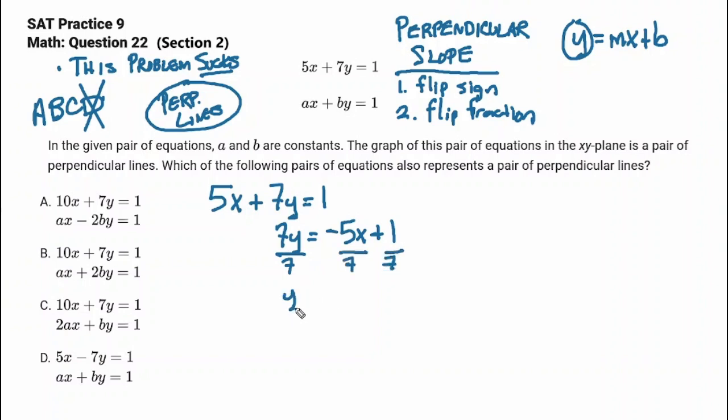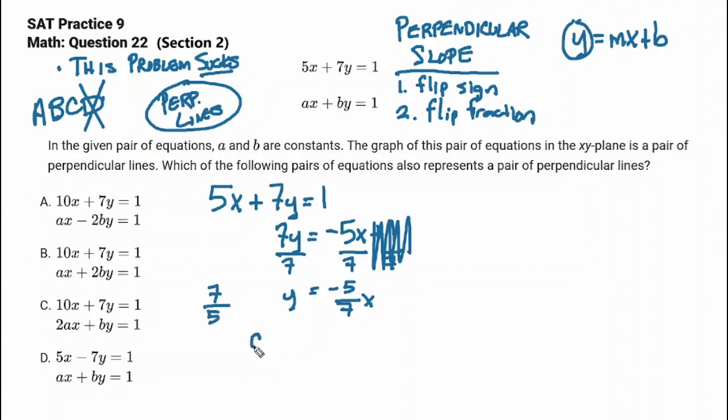So we're going to get y equals negative 5 over 7x plus 1/7. This part does not matter, so we're not going to worry about it. So the slope of this line up here is negative 5 over 7. If we flip the sign and flip the fraction, it's going to become positive, and it's going to be 7 over 5.